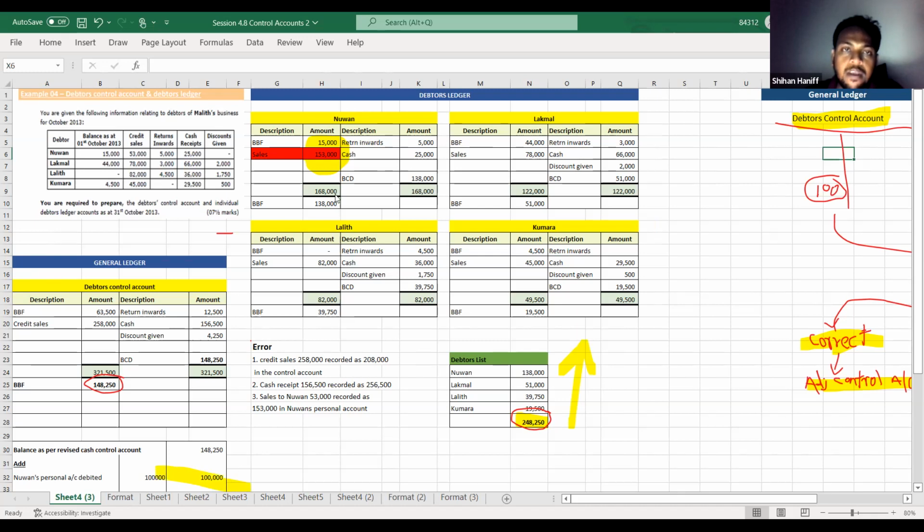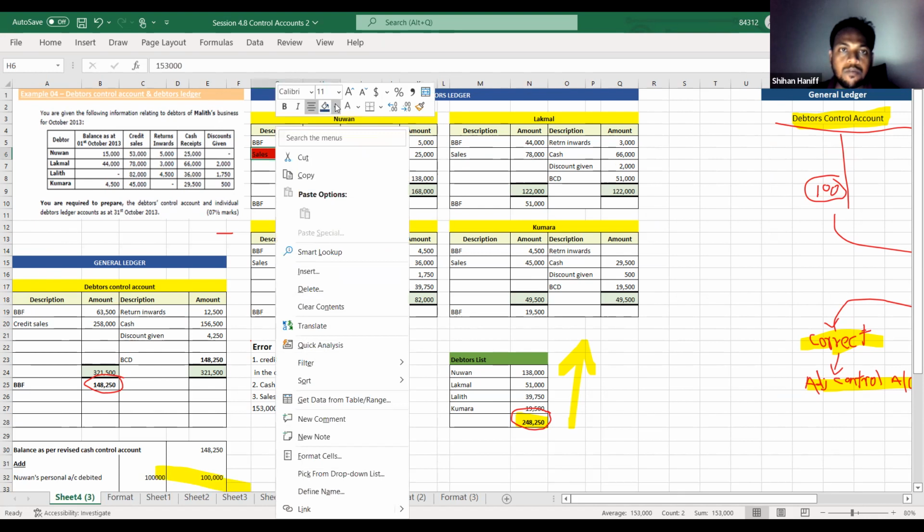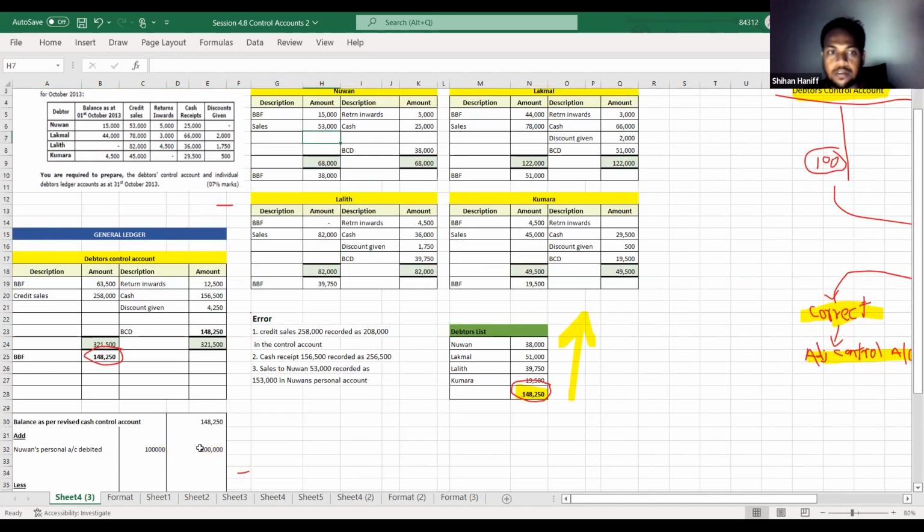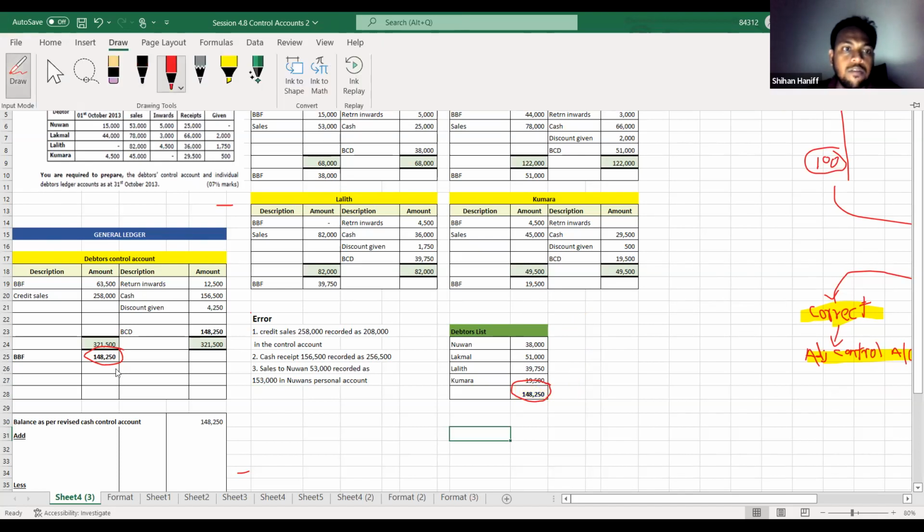If the debtors ledger balance is getting less, then you have to deduct. Let's take another example. Going back to the normal value, 53,000, there is no error. This is also 148, and now these two balances are the same.